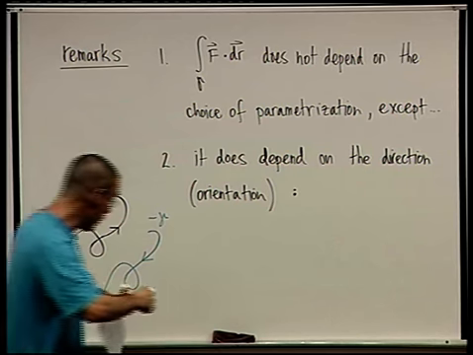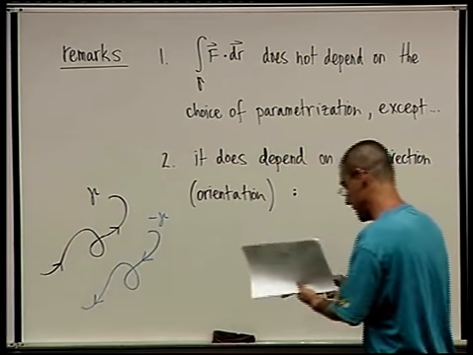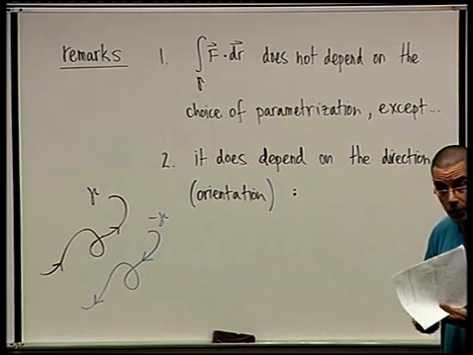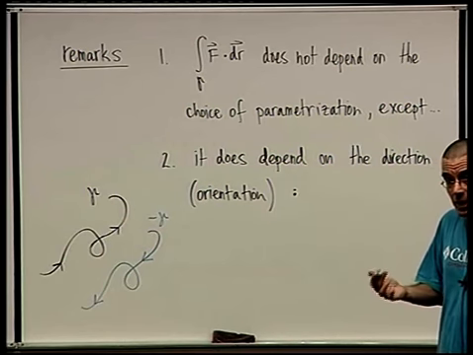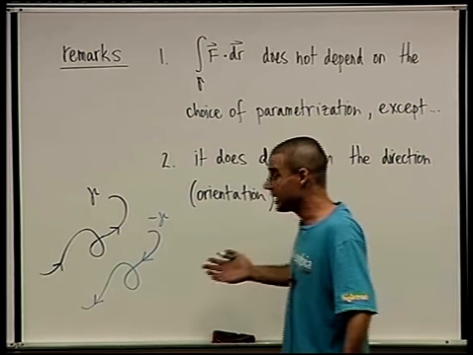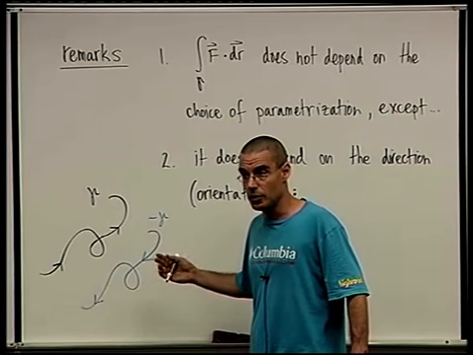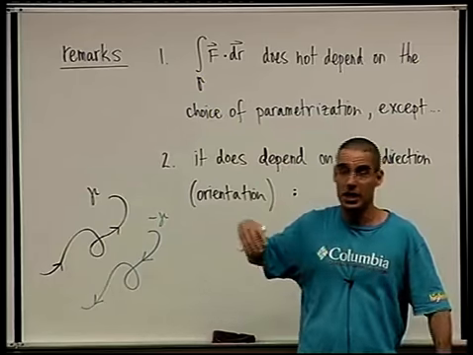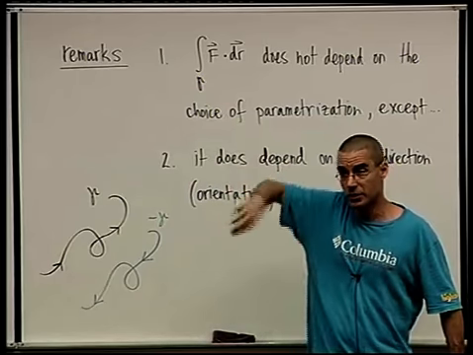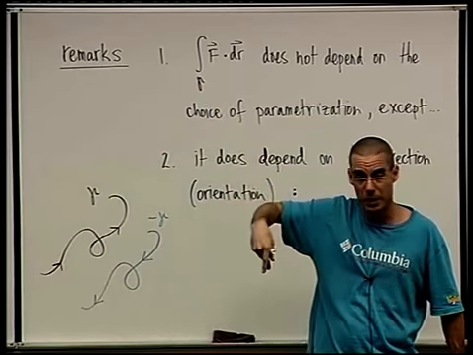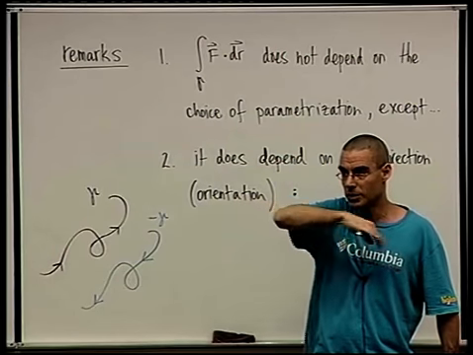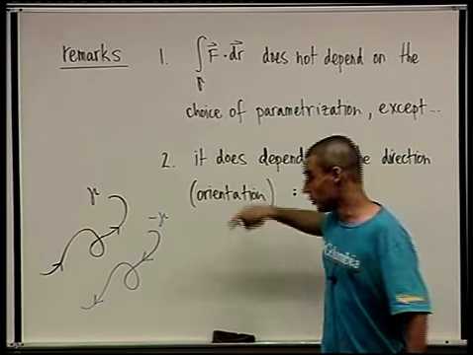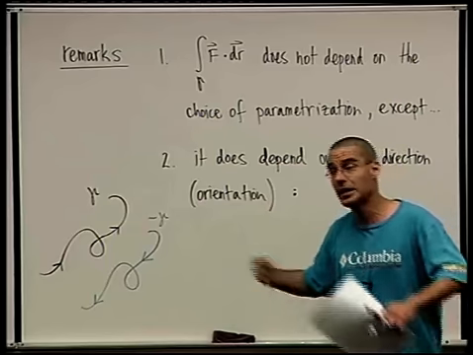Okay? And the work depends on which way you're going. The work is signed. It's not like mass. You don't have a thing as negative mass, or negative area. There's no such thing as negative area, right? It's the area. It doesn't depend if you're counting it this way or that way. Do you understand the weird movements that I'm doing? Okay? So for the work, it does depend. There can be a negative work.